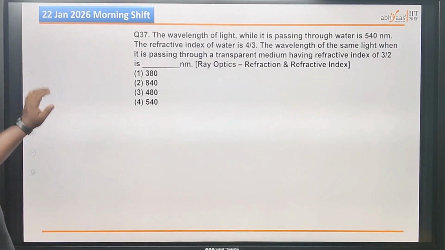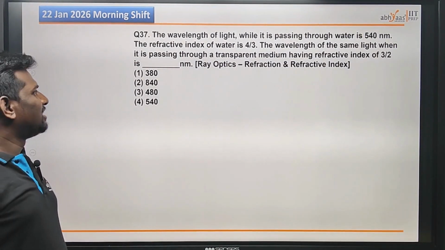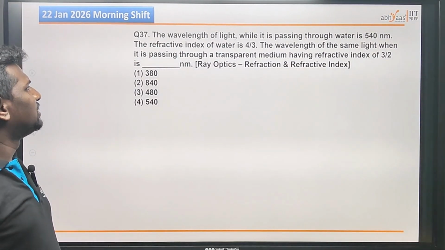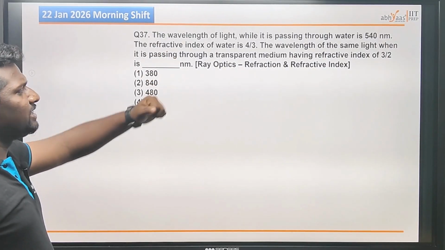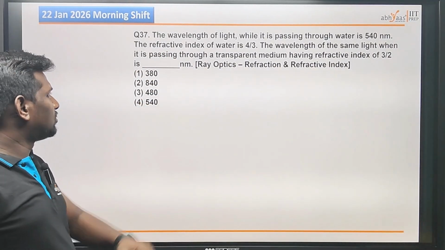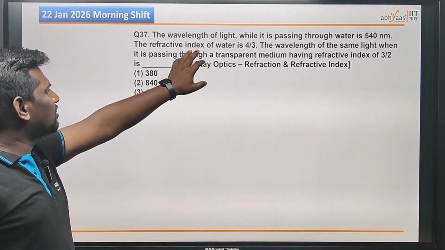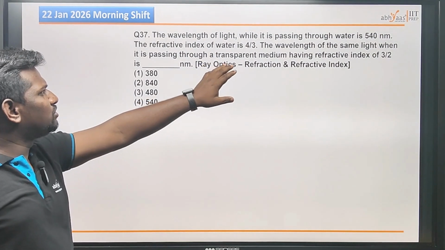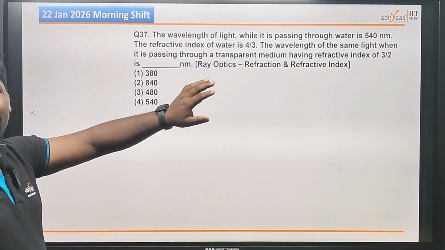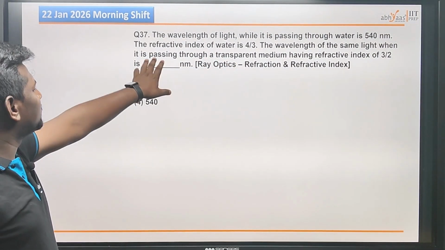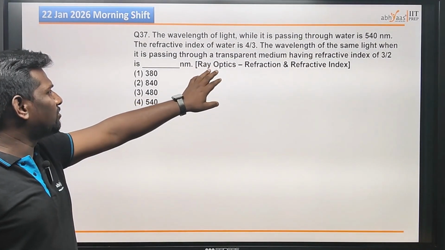So next question, question number 37 from ray optics, which is purely based on the refractive index. The wavelength of light while passing through water is 540 nanometers. The refractive index of water is 4/3.